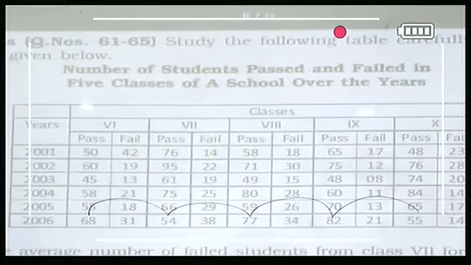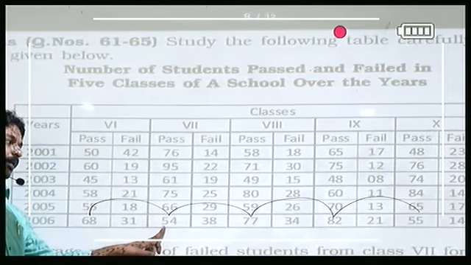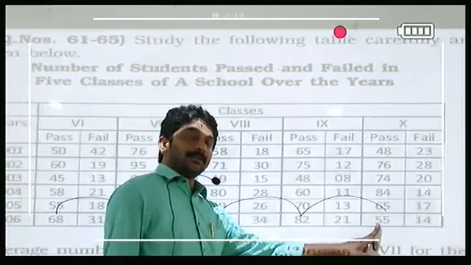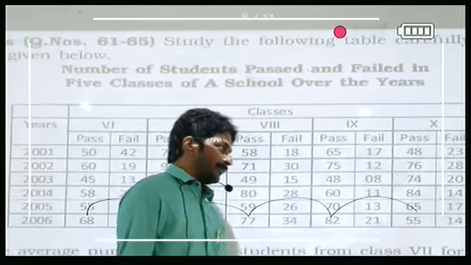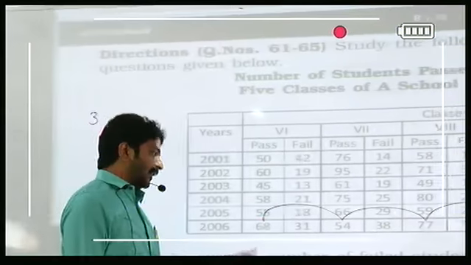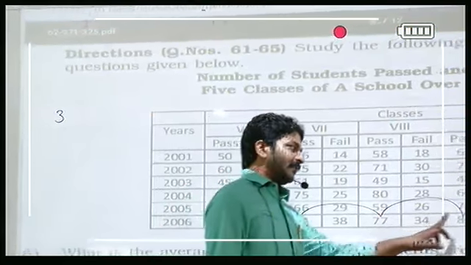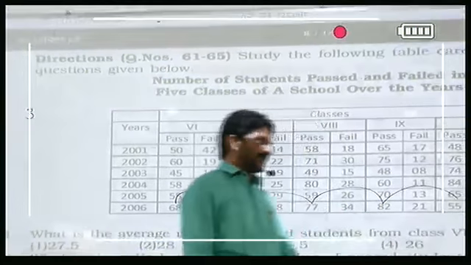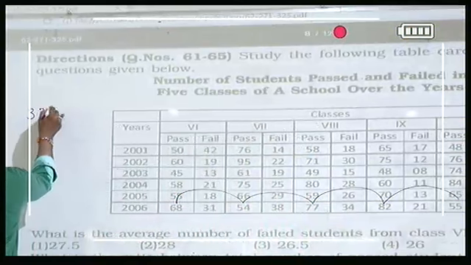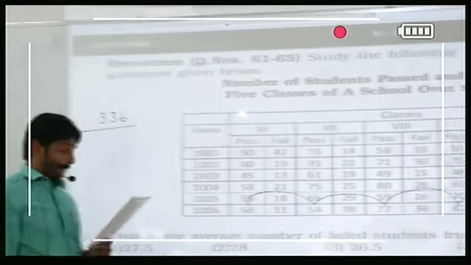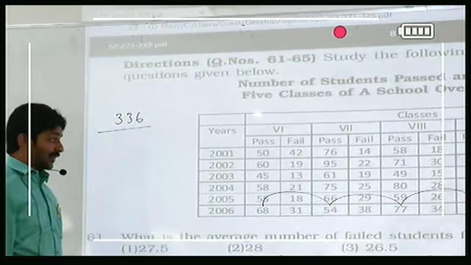Come on, let's add the tens places. 60, 110, 180, 260, 310. Let's write 300 and start with 10. 10 plus 8, 18, 22, 29, 31, 36. So your numerator is 336. More than one option.